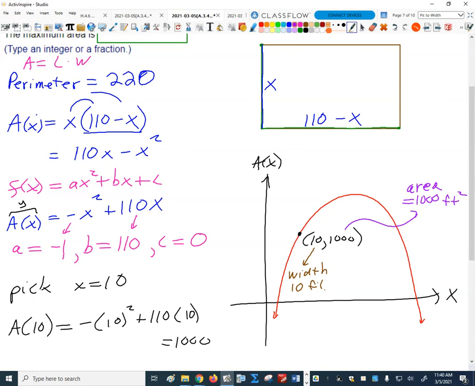The vertex is exactly what I'm looking for, isn't it? That vertex is going to give me the maximum possible area and the width that produces that. That's pretty cool, right? We know that for a fact because we know that the vertex is the maximum value for a quadratic function that opens down, a parabola that opens down.